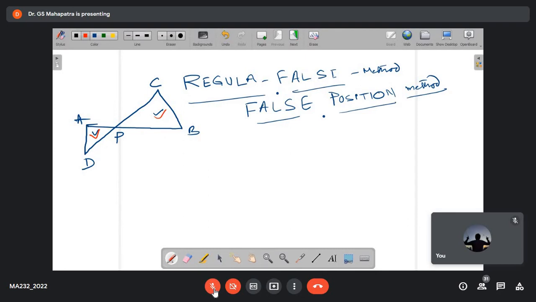These two are similar triangles. Based on that you should answer. You have already studied trigonometry, correct? I think during your 10th and 12th standard. No one is ready to answer. You can answer now.